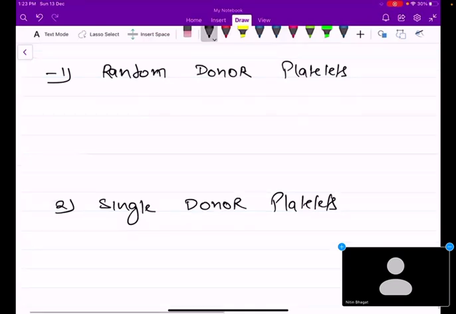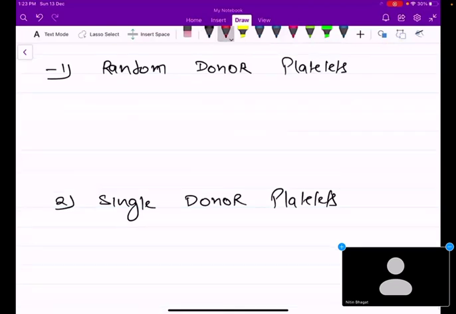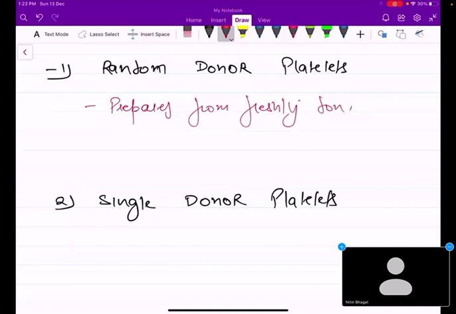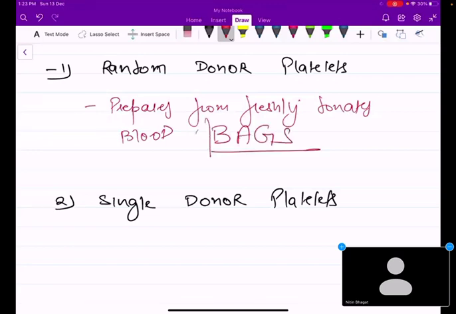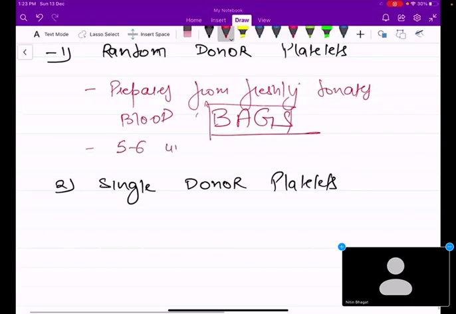Now, the random donor platelets are prepared from freshly donated blood bags. They are taken from 5 to 6 units of whole blood.